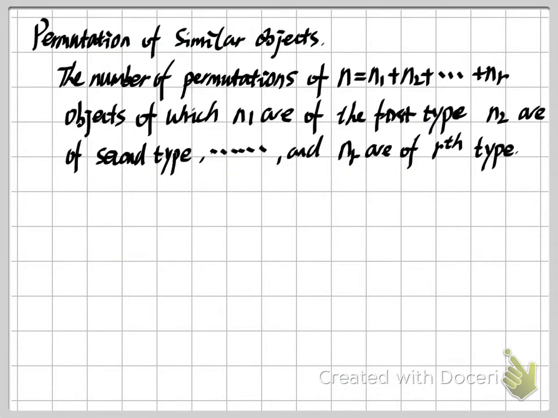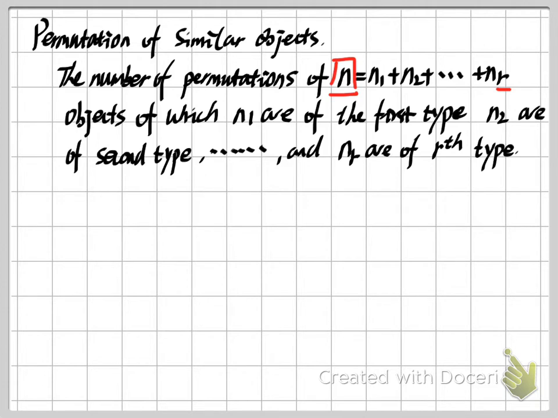Now this question is a permutation of similar objects. So what does this mean? This means now in total we still have a number n of objects, but instead of n different objects, here some of these n objects are similar to each other. So we can group them into r different groups.